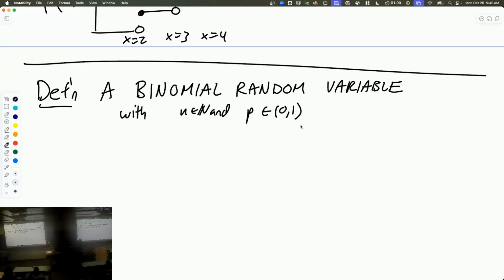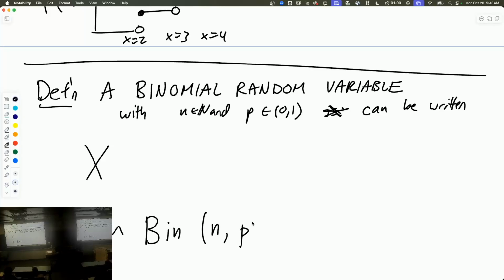If you don't know what these symbols mean, you can ignore them. You got n and p. It can be written, instead of "is", I'll say "can be written". So it's X, and we would write X is taken from a binomial distribution. We would write it like this, Bin(n, p). Bin stands for binomial, and it is written as a sum of a bunch of different things.